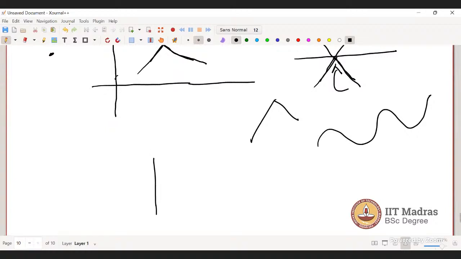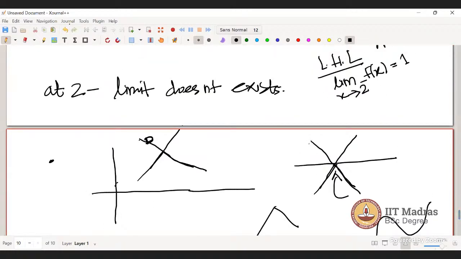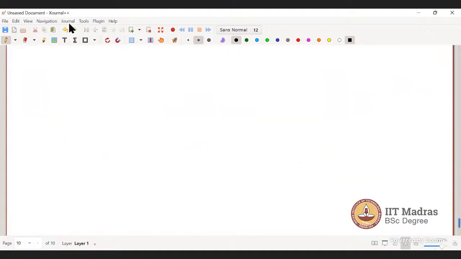For example, the graph of sin x or cos x is not sharp. If I have a curve like this, then I can prove that the function is not differentiable at this point. When we learn differentiation, this will make more sense.